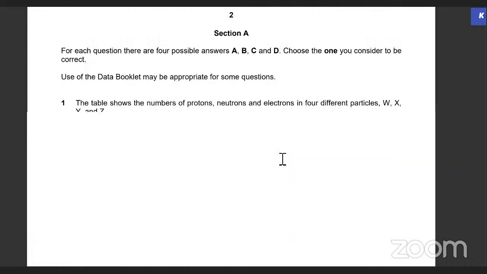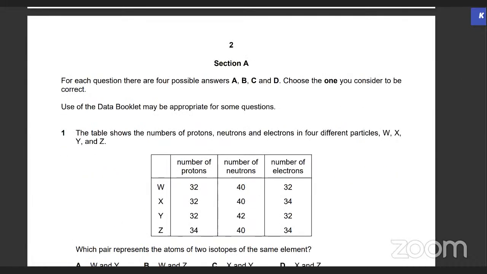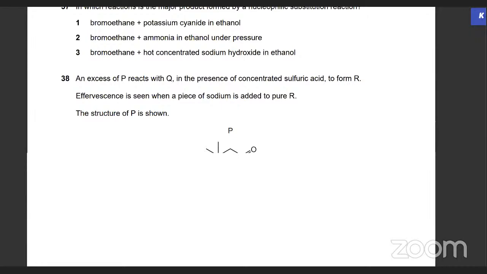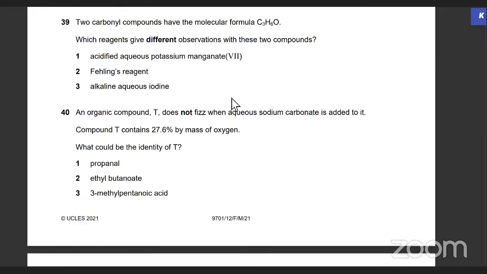ठीक है, let's start with this paper. इसको थोड़ा reverse direction में, ठीक है?